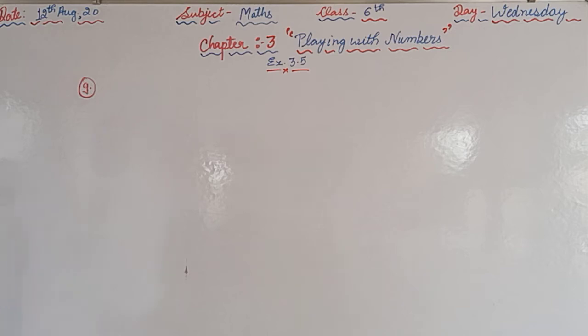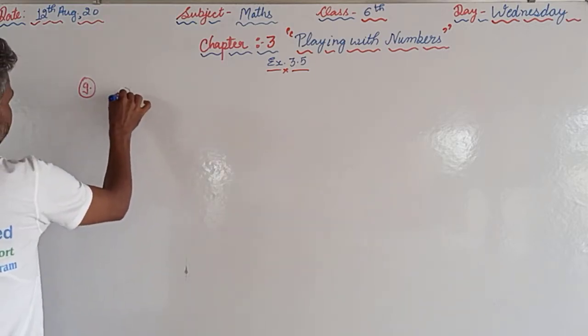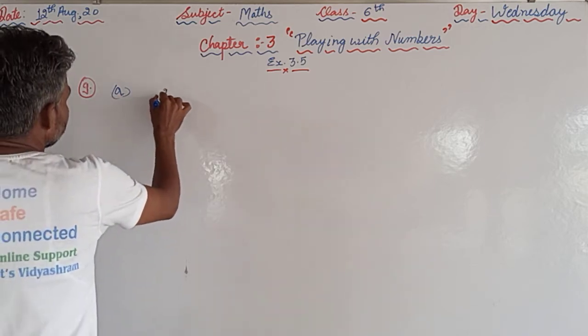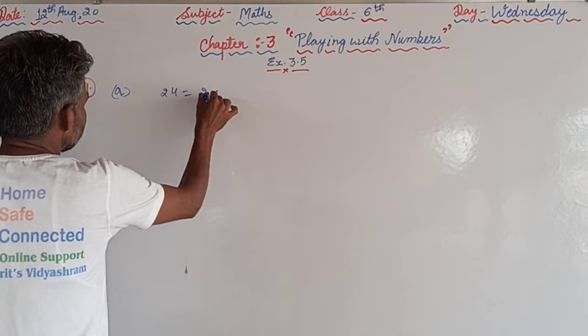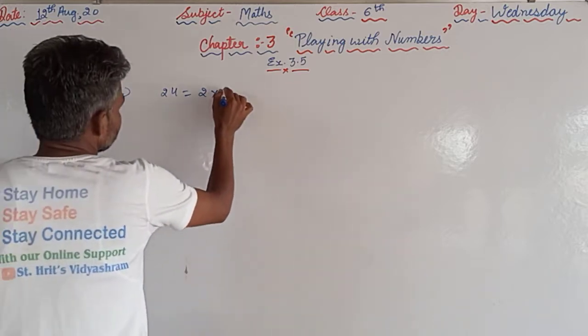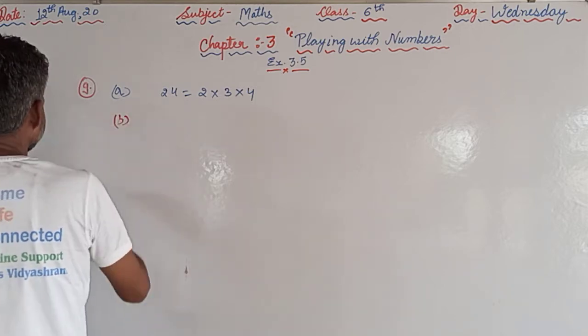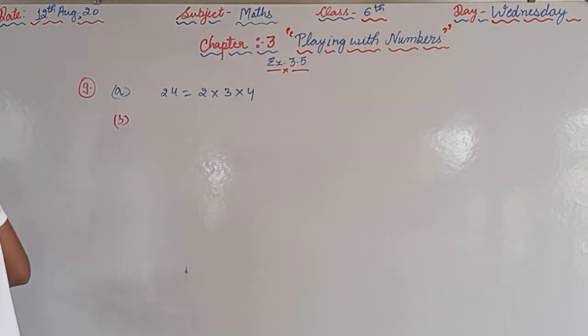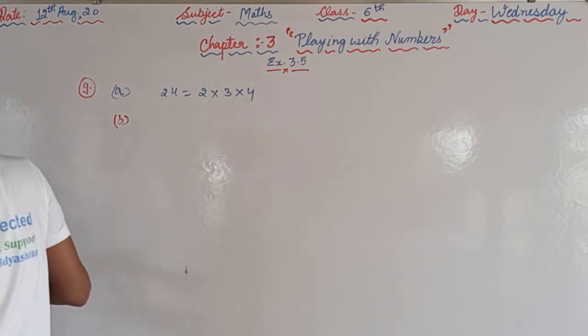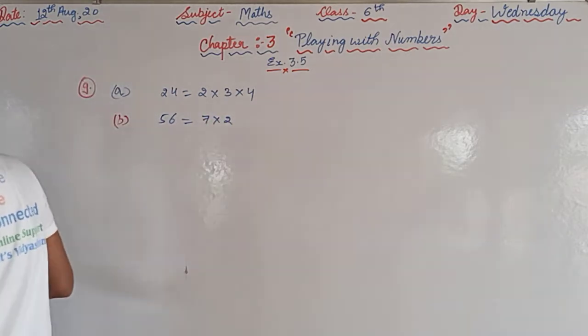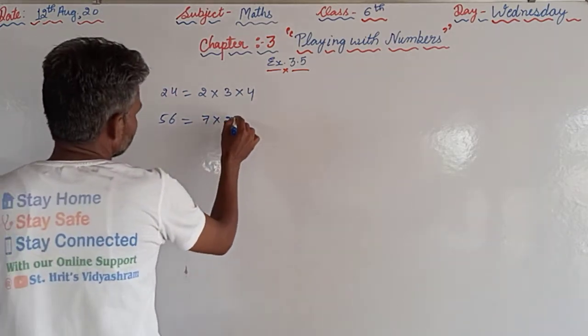In question number 9, the prime factorizations of 4 numbers are given. First number is 24, so the prime factorization is given. A, that is 24 is equal to 2 into 3 into 4. The second one is given, that is 56 is equal to 7 into 2 into 2 into 2.